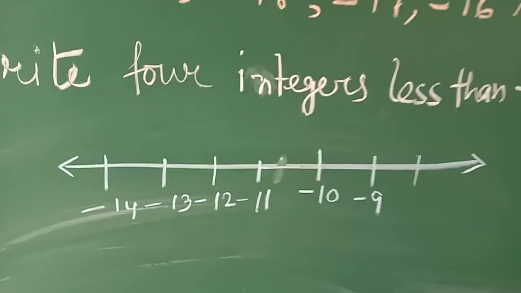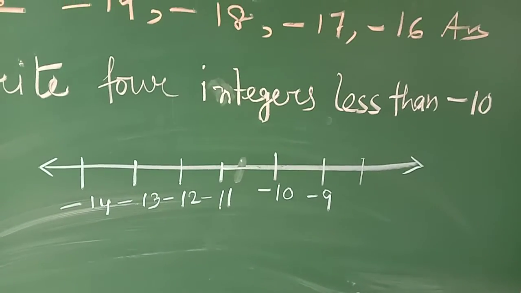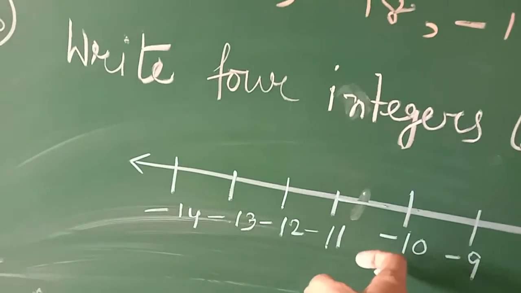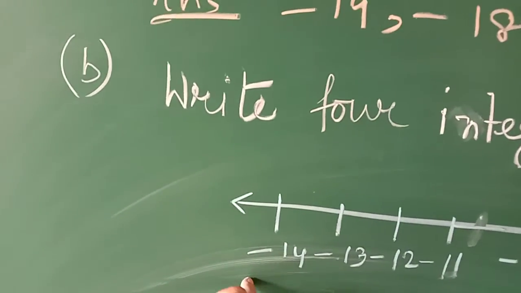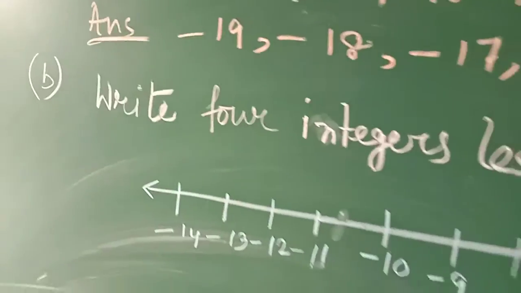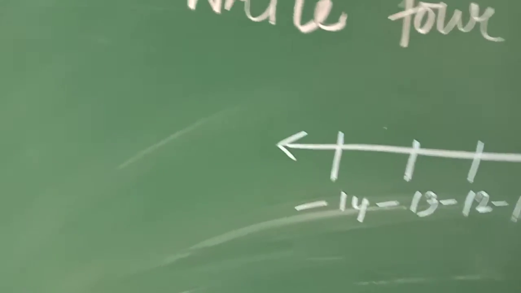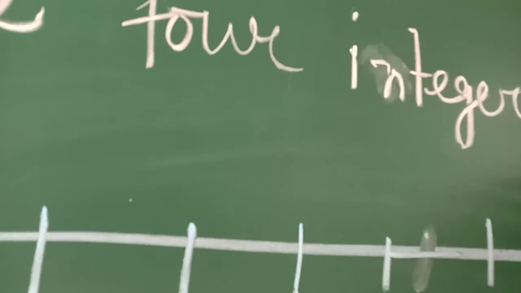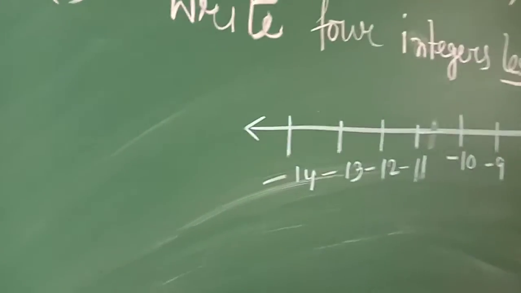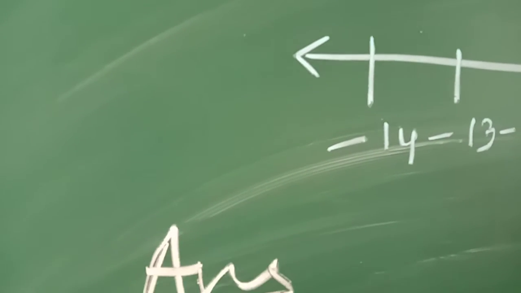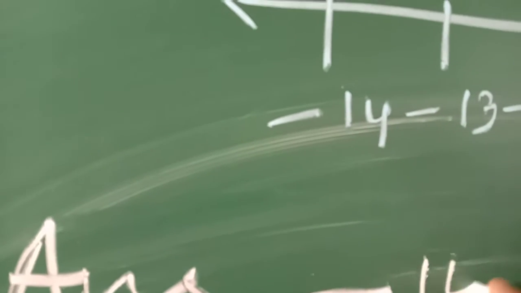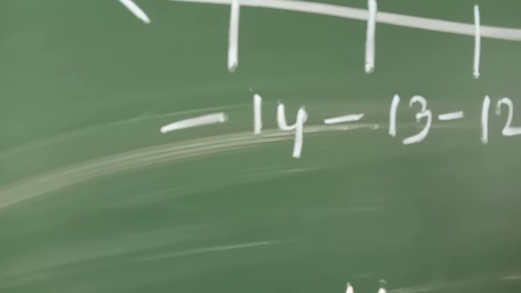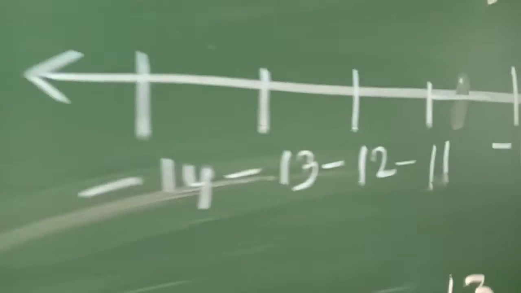They are asking only 4 numbers which are less than minus 10. You can choose these numbers. So you will write the numbers in this way. The numbers which are less, not greater, less than minus 10 are: minus 14, minus 13, minus 12, minus 11.